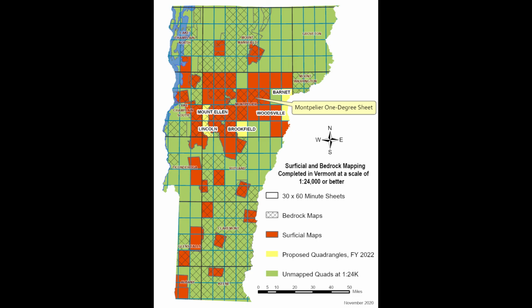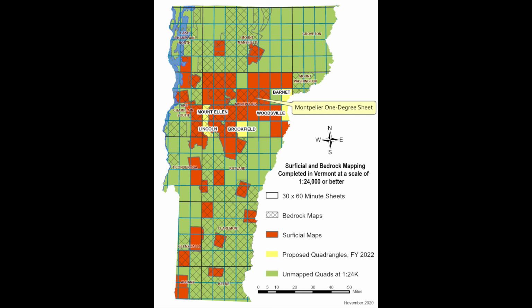A note about the Surficial map listed on the ANR Atlas that you can interact with. That map is the Surficial Geologic map of 1970 that was conducted at a scale of 1 to 250,000, which is less detailed than some of the newer Surficial maps that we have on offer, which are mapped at a scale of 1 to 24,000 or better, which means they are more detailed than the older map.